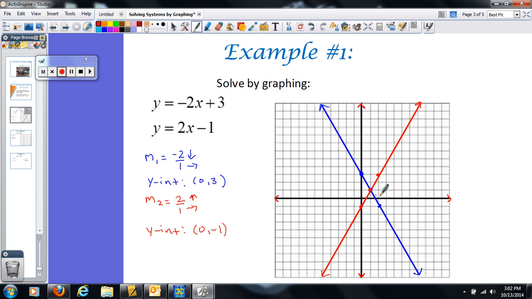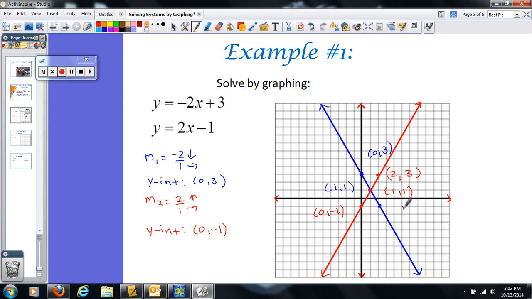Alright, so this is the point 2, 3. You have 1, 1. And then this is 0, negative 1. You have 0, 3. You have 1, 1.